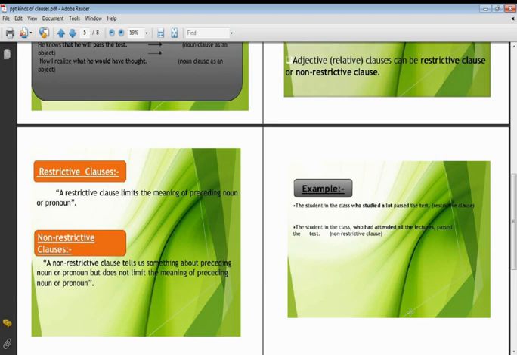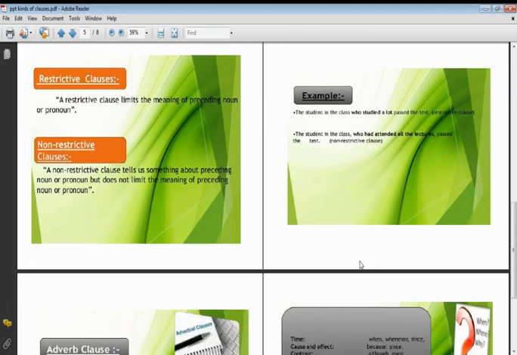The clause "who had attended all the lectures" can be easily taken out of the sentence. If we take it out, "The student in the class passed the test" is altogether a complete, meaningful sentence. So this is the reason that they are called non-essential clauses. They are just there to give some extra information about the noun, and they are always marked by commas. This is the thing which you must keep in mind.